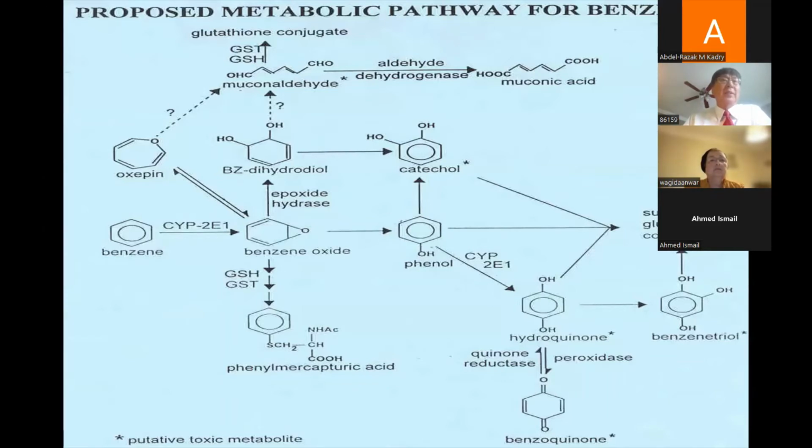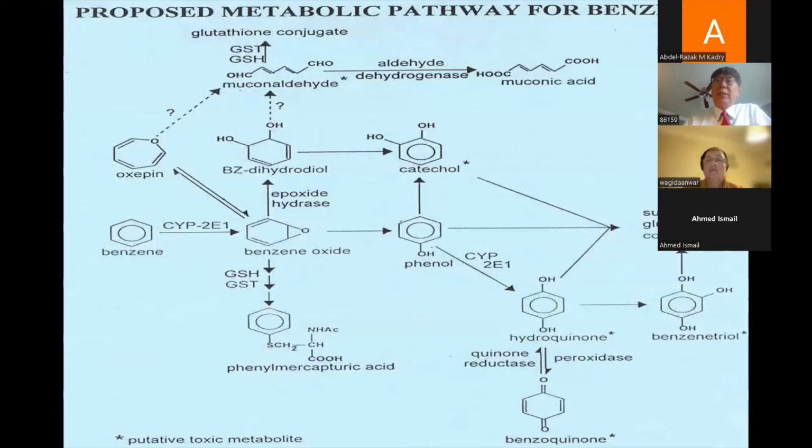So in the middle here is the benzene, a ring-like structure. Inside the body, particularly in the liver, the benzene is metabolized by the CYP2E1 enzyme to form benzene oxide and further metabolized to hydroquinone, benzene triol, and others by another enzyme, CYP2E1 also, as well as other enzymes.